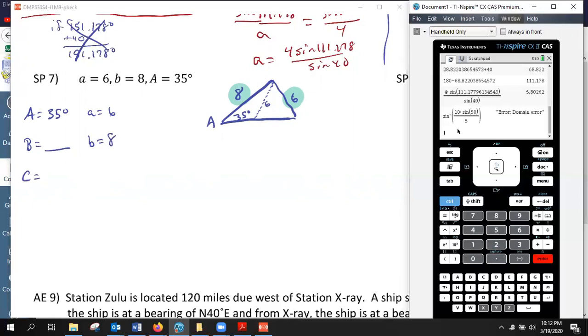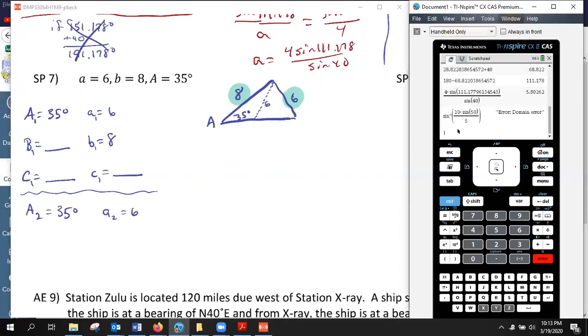I don't know angle C, and I don't know side C. Now, because this is a situation where we could potentially have 2 triangles, one triangle being the solid one that I drew, and then one triangle being the dashed line that I have there, what I am going to do is label this A1, B1, and C1. And I am considering that there's going to be a possibility of a second triangle, so A2, which is also 35 degrees.